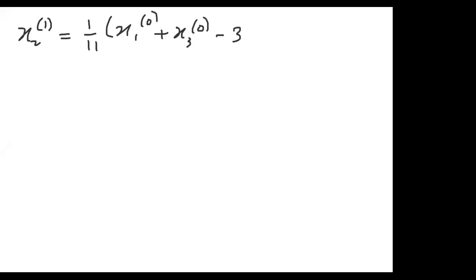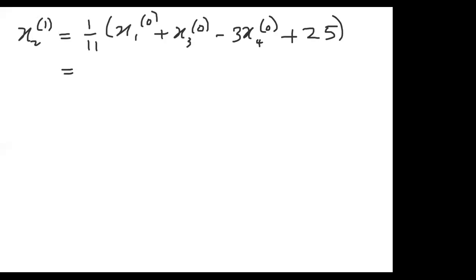So to get x2(1), using the formula for x2, I'll get 1 over 11 times x1(0), then plus x3(0), then minus 3 x4(0), then plus 25. And then I'll substitute the values of x1(0) and x3(0).